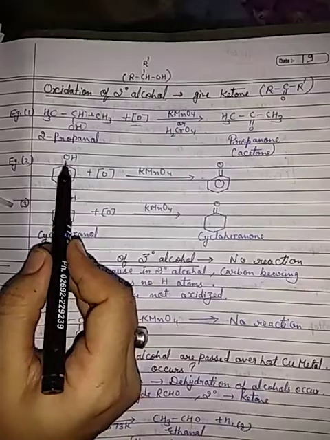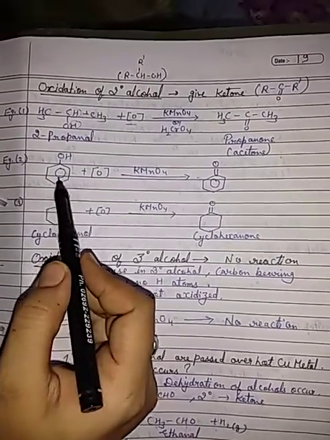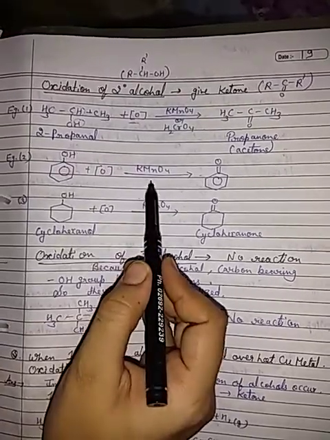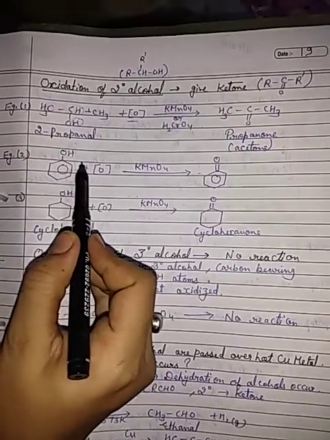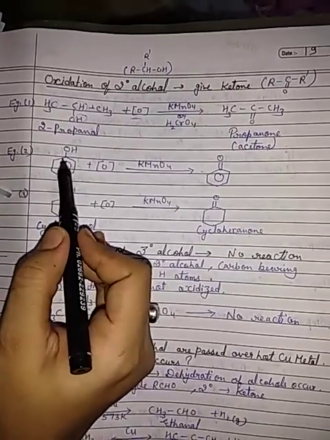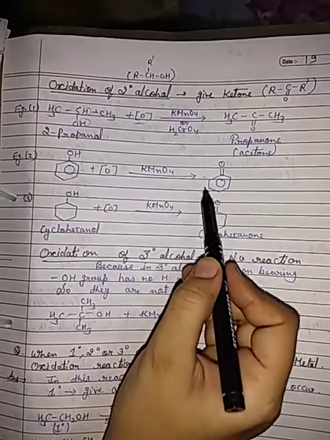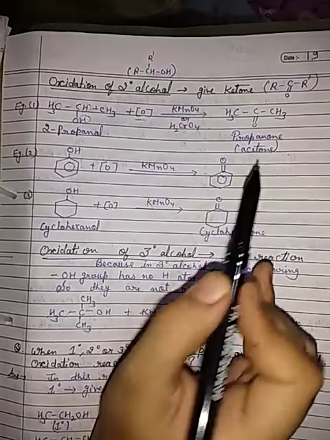Next, for example, OH attached to benzene, so it is phenol. Phenol with nascent oxygen in the presence of KMnO4: the hydrogen is replaced, and the oxygen electrons are free, a double bond is formed, so its compound name is benzoquinone.